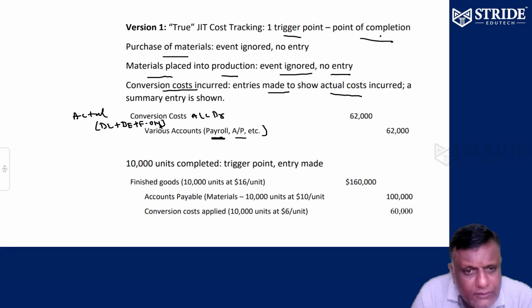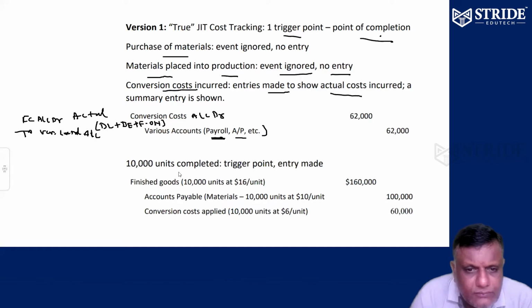All three. So transfer the conversion cost actually incurred to various control accounts, payroll account, accounts payable account. Conversion cost account debit to various control accounts, 62,000.